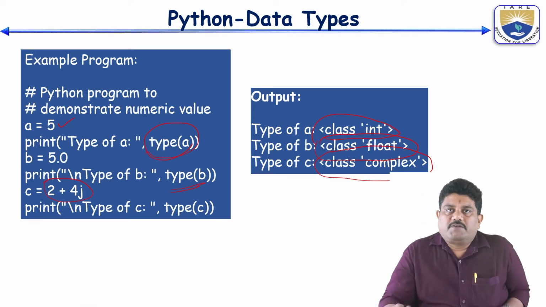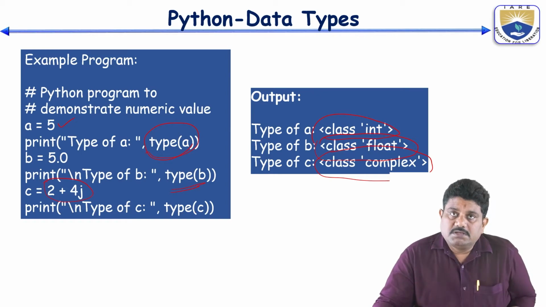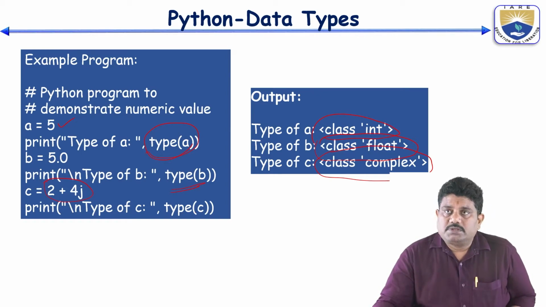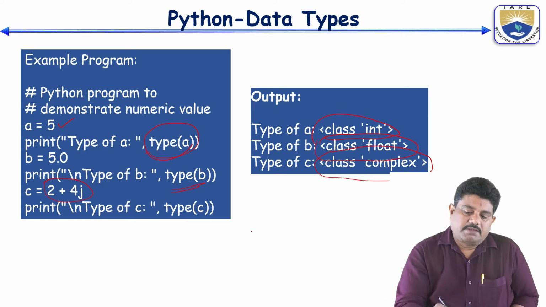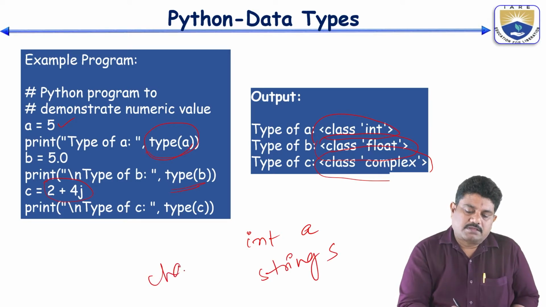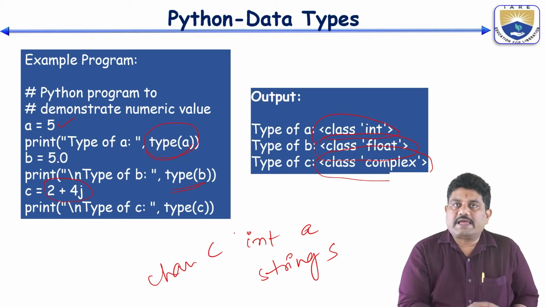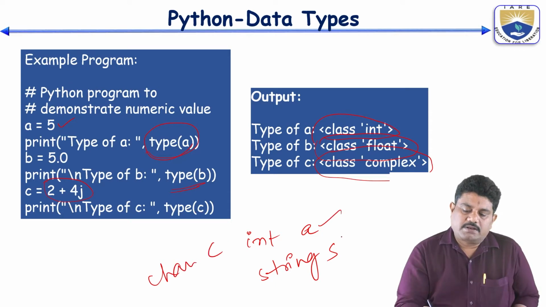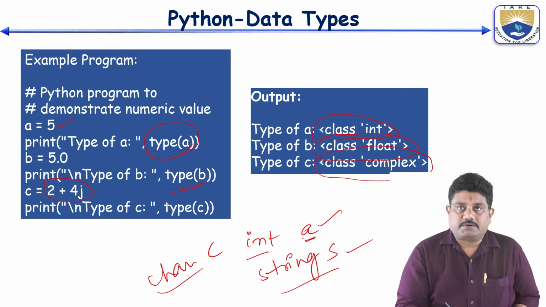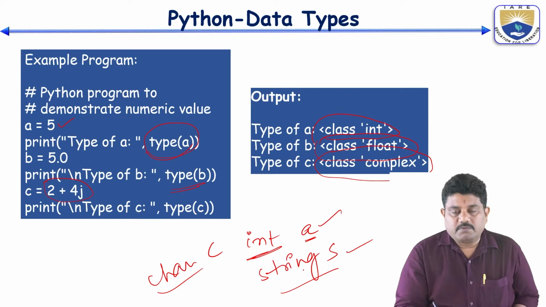In Python, there is no convention of declaring variables with the data type, like int a or string s or char c. In languages like C and Java, we can declare variables like this, and we know what type the variable is while declaring it.